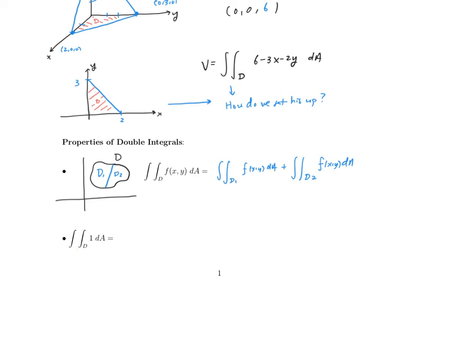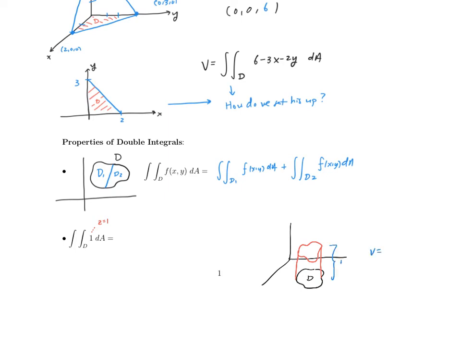Let me also remind you of a property that we mentioned in a previous video. If we were to evaluate the double integral over a region D of the function 1, let's think about what that would give us back. So in general, we might have some region D that's not rectangular, one of these general regions. And when we integrate the function 1, we're thinking how much volume is enclosed between the surface given by z equals 1 and the z equals 0 plane, but sitting specifically above that D. So the solid whose volume we are hoping to calculate would really just be that region extended 1 unit up in the z direction.